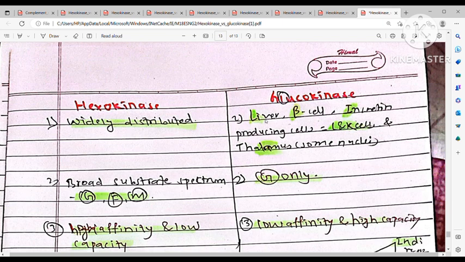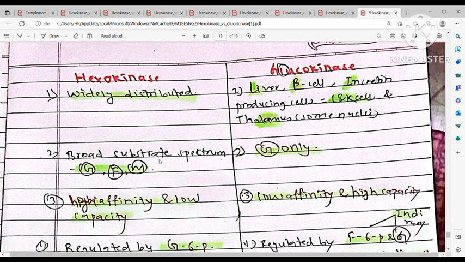Remember YAL: L for liver, B for beta cells, and L and K cells, hypothalamus. Hexokinase has a broad spectrum of substrates: glucose, fructose, mannose, that is hexoses. Glucokinase acts on only glucose. Hexokinase is like babies. A baby can travel with any person. Glucokinase is like mother. Mother can travel with only her husband, that is father.